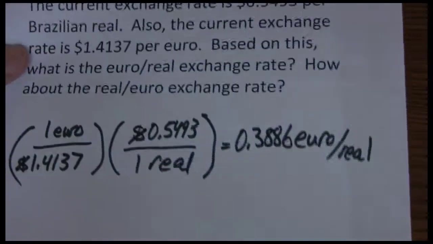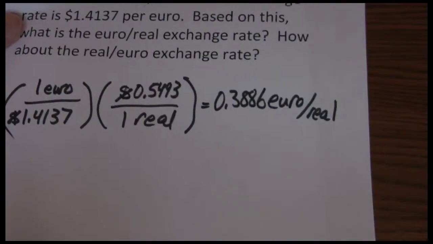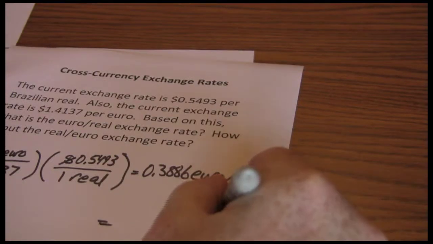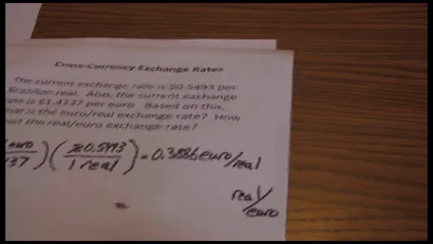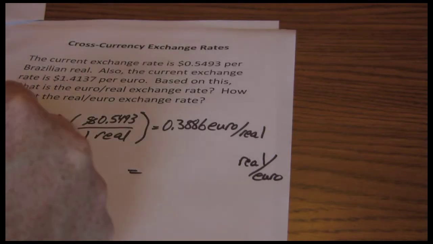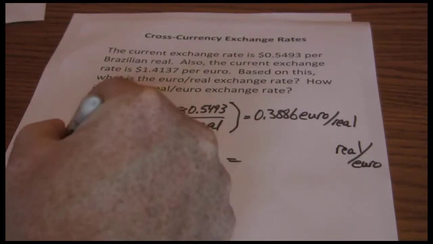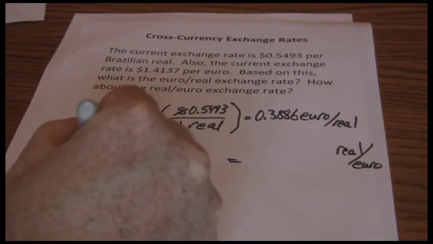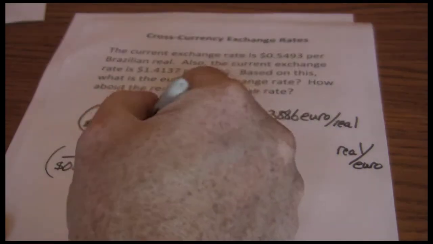What if I was asked for the real-euro exchange rate? The only difference is now I want the reals in the numerator and the euros in the denominator. So I want reals per euro as my final answer. So I'm going to need to start with the reals. As I go over here, 1 real is equivalent to $0.5493. I want the dollars to cancel out.